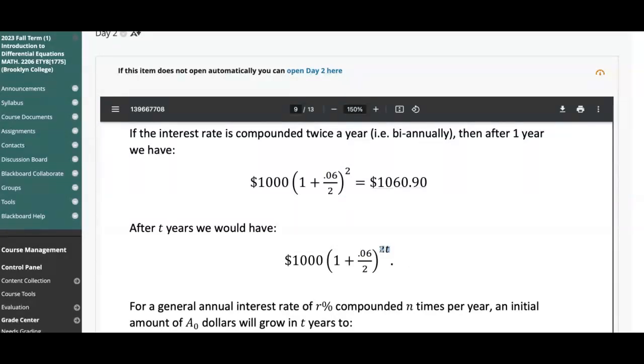If we compound it monthly, so 12 months in a year, this would be 0.06 divided by 12, then raised to 12t, and so on and so forth.